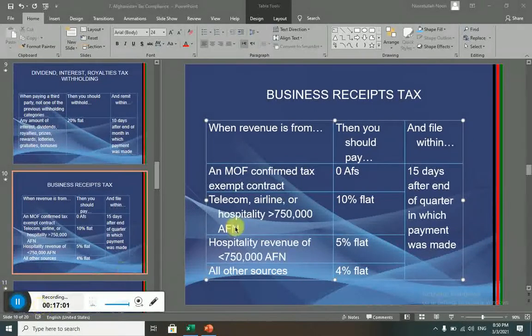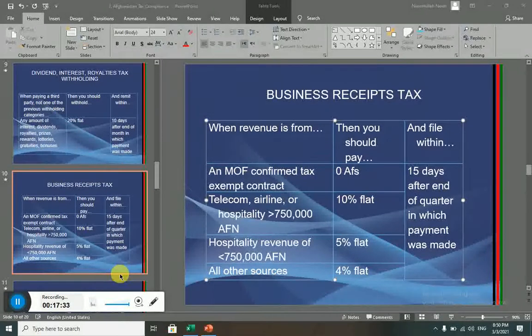The second category is there are like 3 or 4 sectors whose revenue is subject to 10% business receipt tax, and that is flat. Telecom sector, all the businesses working in the telecom sector, their gross income is subject to 10% flat BRT, and this is quarterly tax.